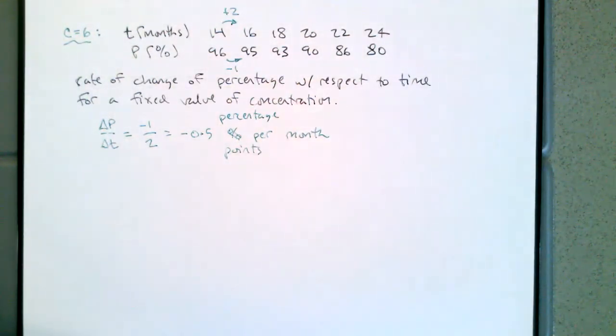And then once again, we can calculate all the different values of dP over dt. And we have the units of percentage points per month.